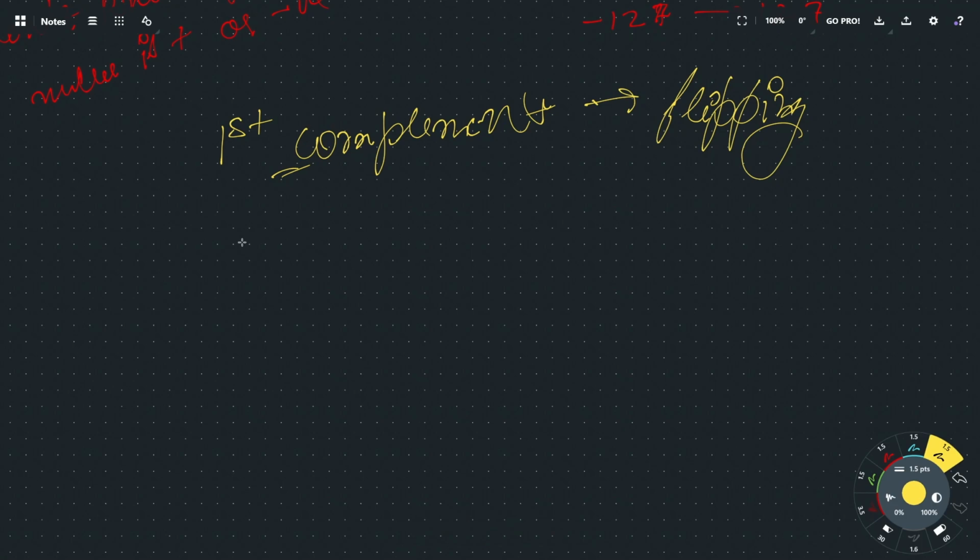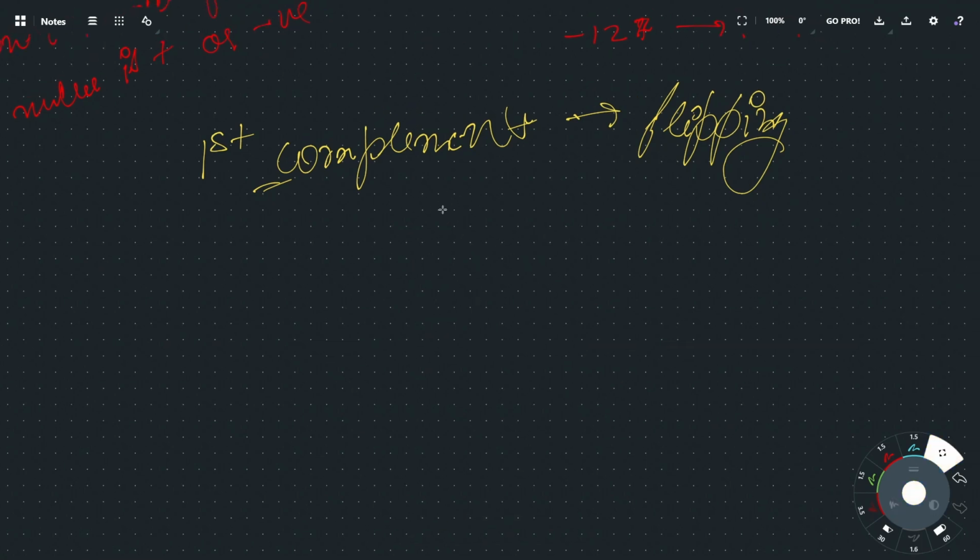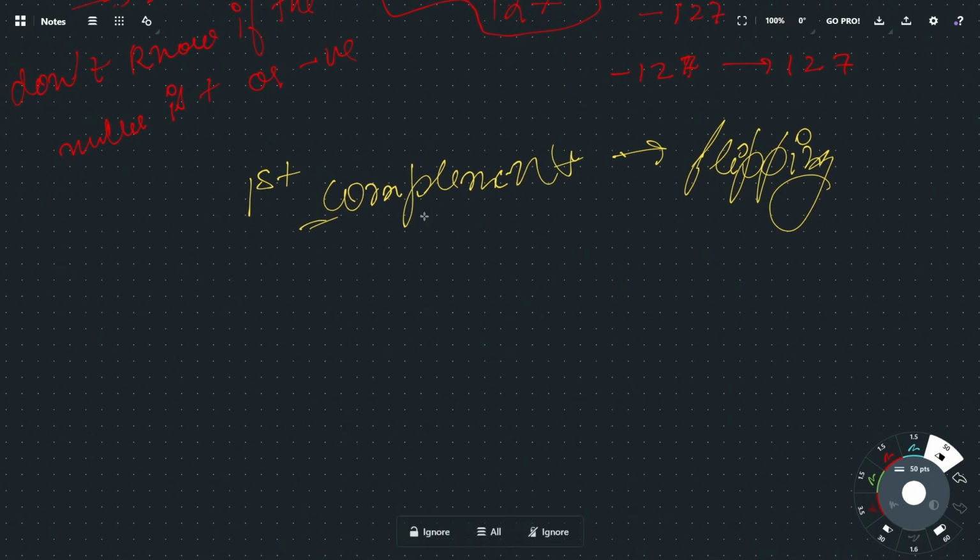Okay, so before the problem, let's look at how we get to first complement and how it benefits storing the negative number. So we still have those 8 bits, 1, 2, 3, 4, 5, 6, 7, 8, and this is again reserved.